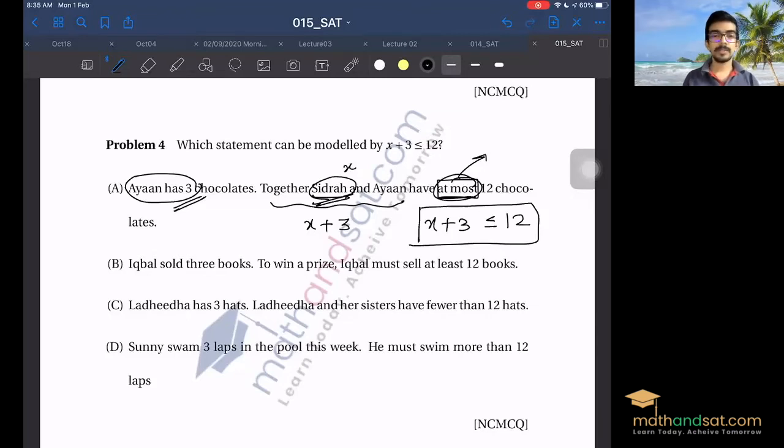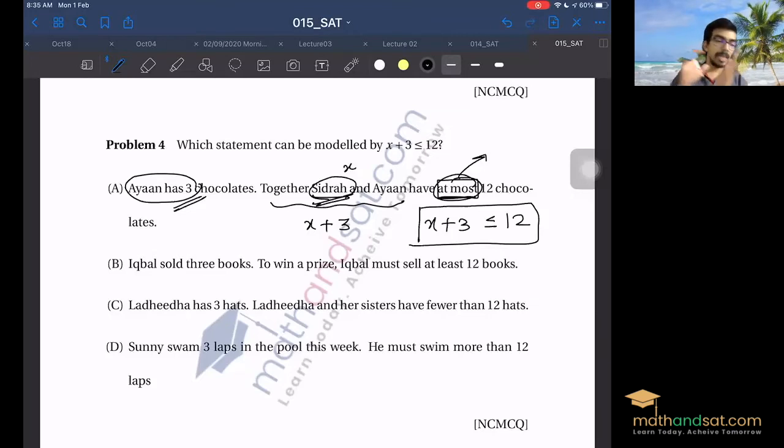Got it? Yes or no? I hope you understood this. So when you have a word problem, just look at the numbers, search for the unknown quantities, and search for the term that describes the condition. Here, one person has 3 chocolates, another person has an unknown number of chocolates.